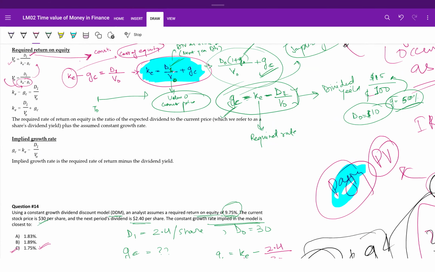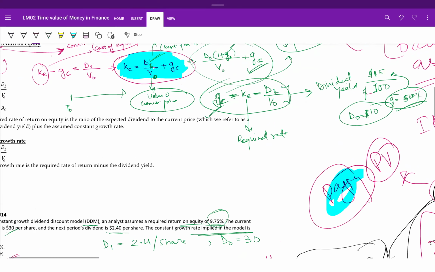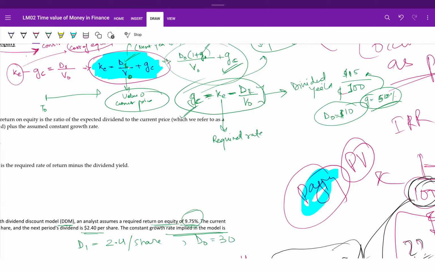Okay, my bad. Because here we were discussing that if it's 15 divided by 100, so growth is 50%. Yes, growth is 50%, but it is also being divided by 100, so it's going to be somewhere around 0.005. And let's assume the required rate of return is 1%.